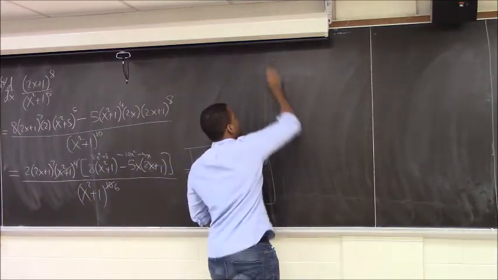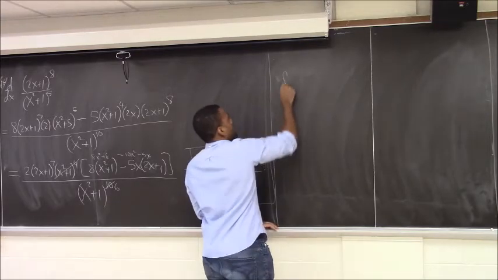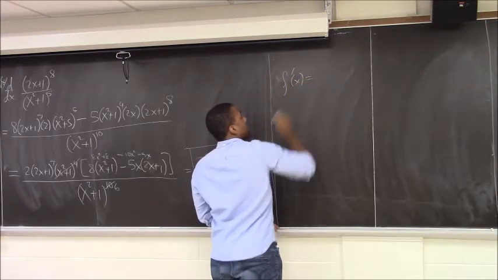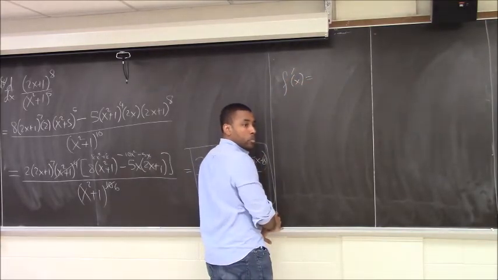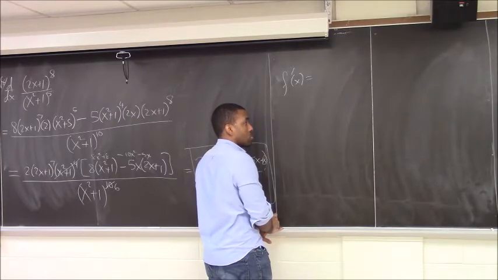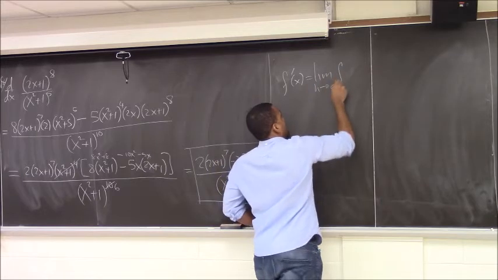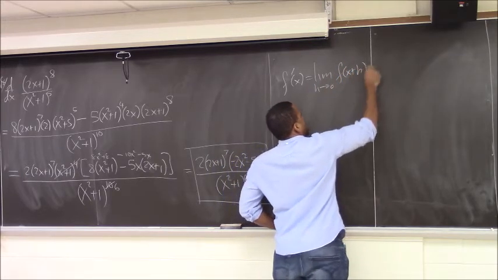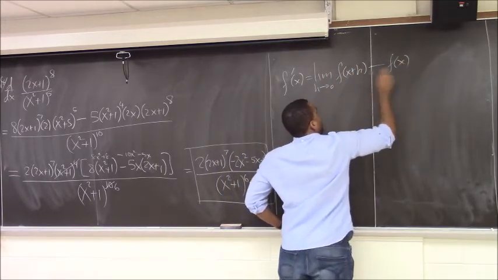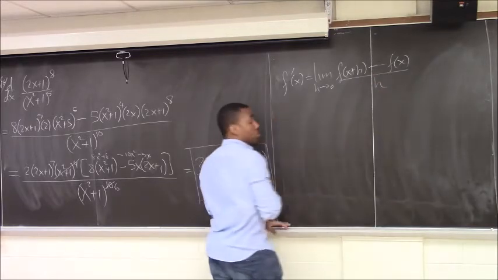Speaking of rules, how do I define f prime in terms of limits? The limit as h approaches 0 of f(x plus h) minus f(x) all over h. What's the power rule?